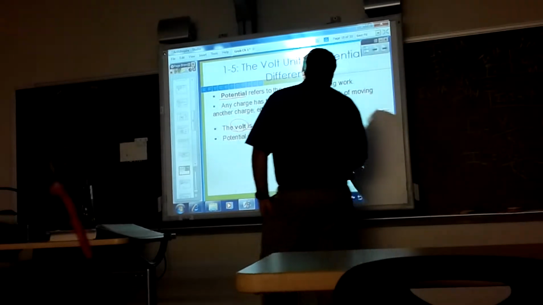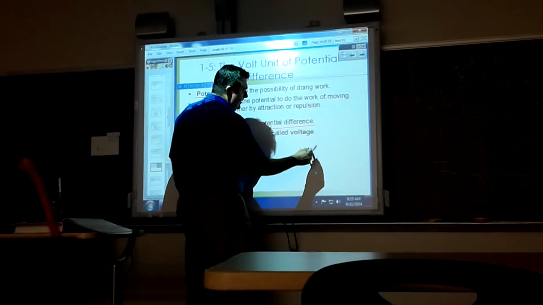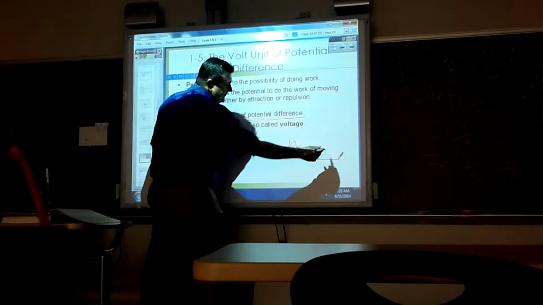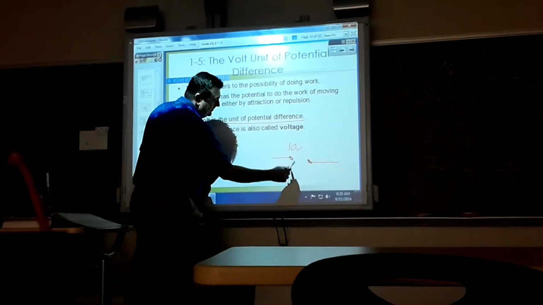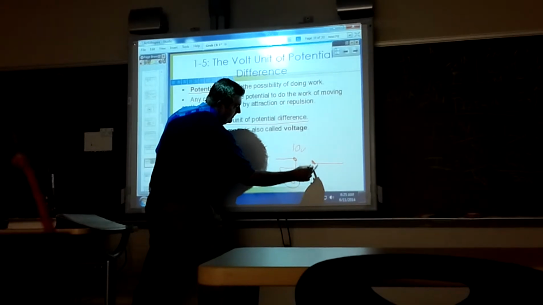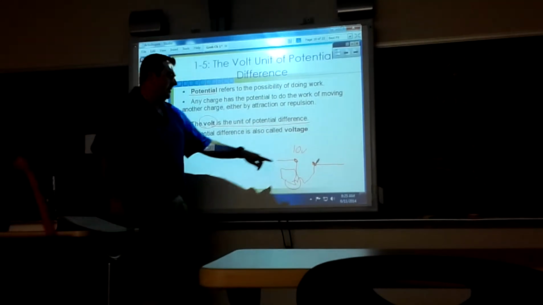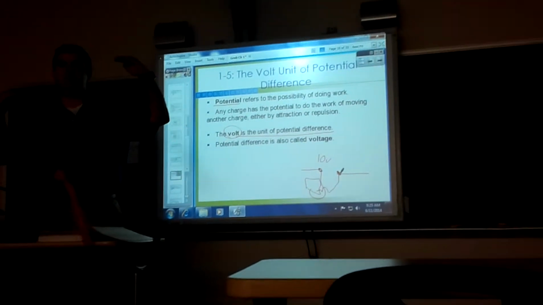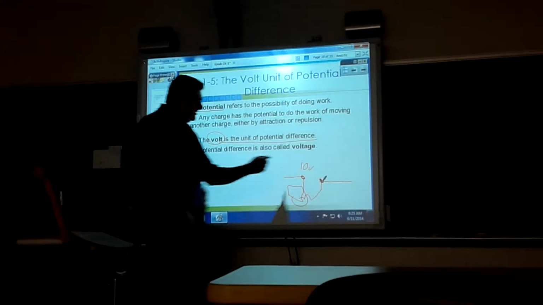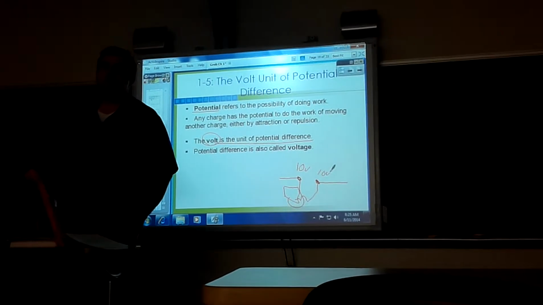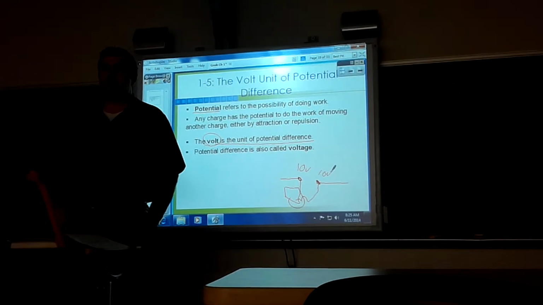So, if I've got 10 volts here on my wire, and I have 0 volts on this side, and I come along with my meter and touch one lead here and one lead there, I'm going to measure 10 volts because there's 10 volts of difference. Now, if I've got 10 volts here and 10 volts here, I'm going to measure 0 because there's no potential difference.